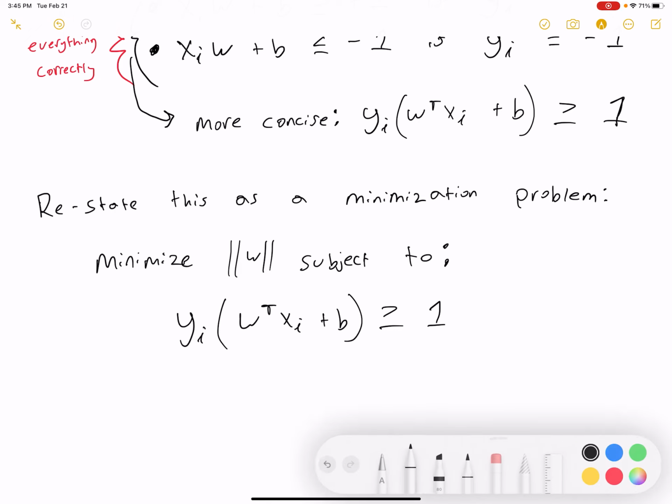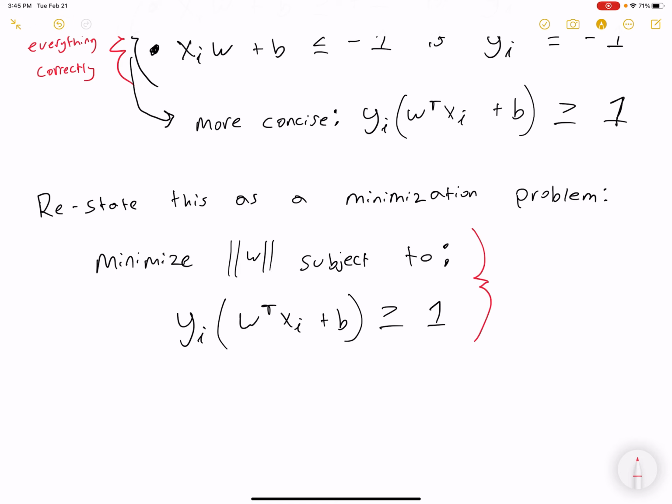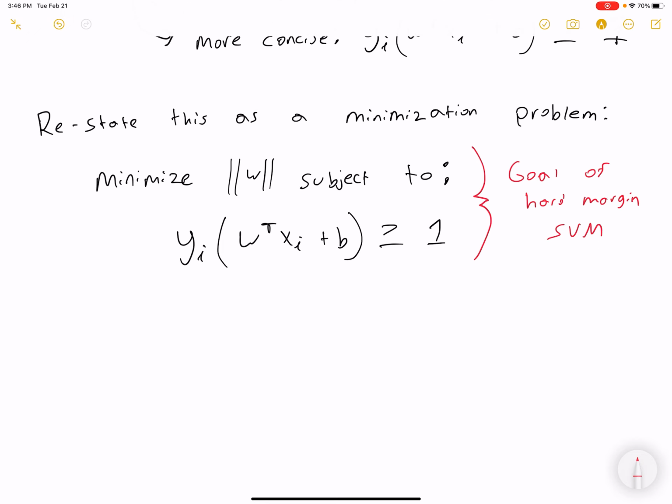So that's really the goal of a hard margin SVM. And we can solve that using optimization methods that are similar to gradient descent.